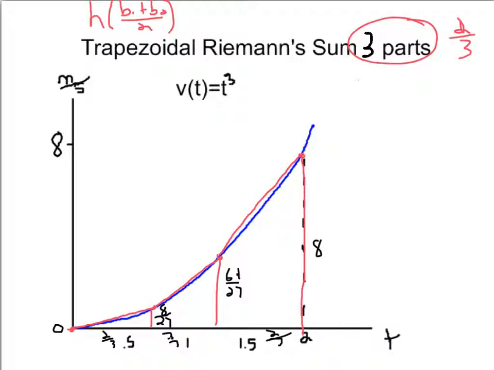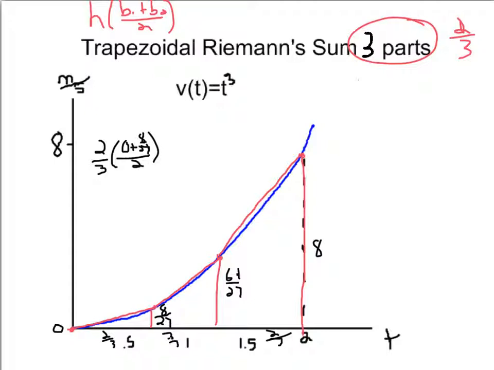So I add it up. I go 2/3 height times the average of the two bases, which for the small one is 0 plus 8/27 over 2, right?